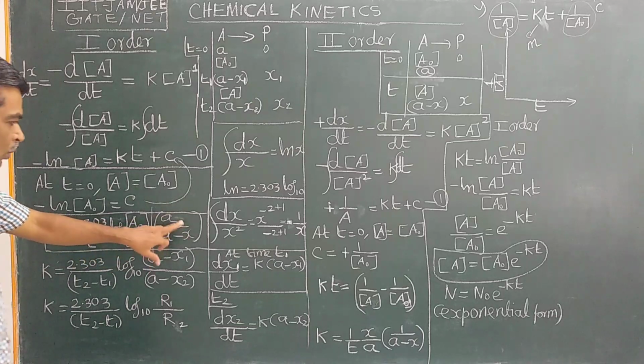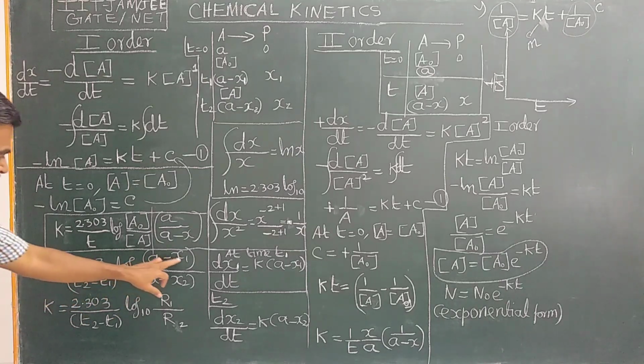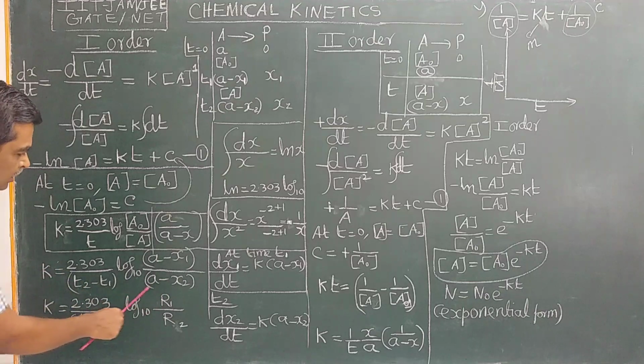This is usually present in your textbook. Now let us consider the rate at different times. Here, K equal to 2.303 divided by T2 minus T1, log to the base 10 of A minus X1 divided by A minus X2.